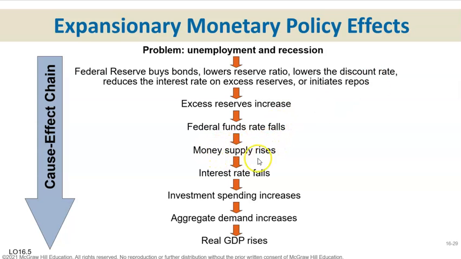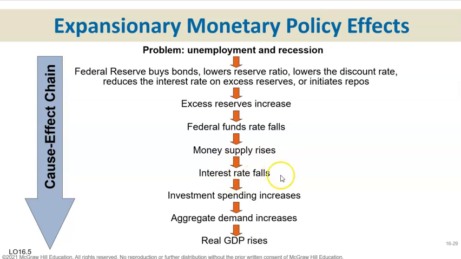You can see that step here. The money supply increases because there's excess reserves at the bank. So each of these tools will increase excess reserves. This increases the money supply. When the money supply increases, interest rates all around the economy will be falling. This includes the federal funds rate and other interest rates.